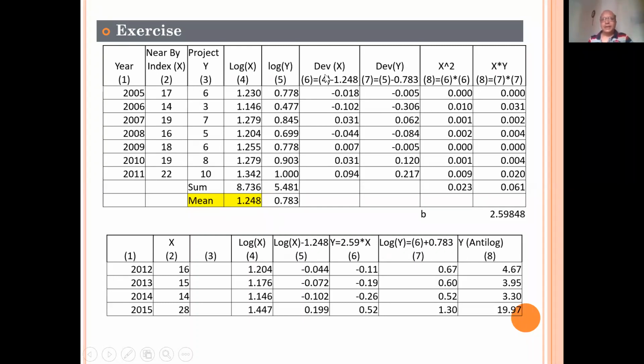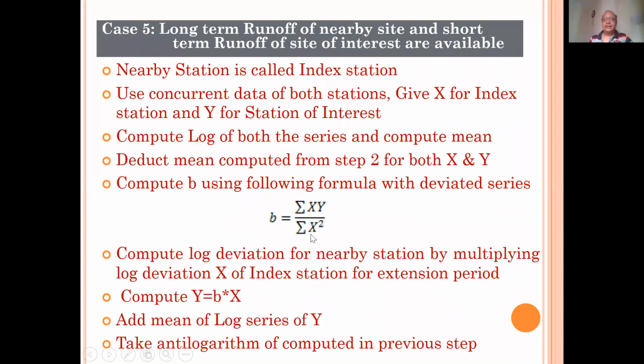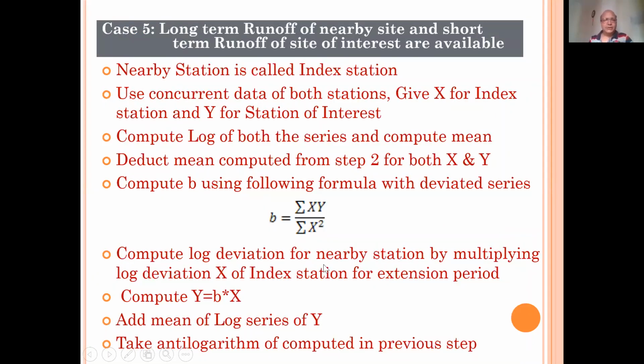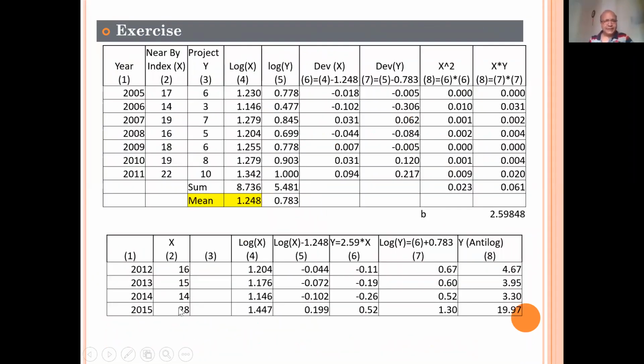So when deviation x, deviation y is determined, we determine x square and xy. And with the help of this equation, sigma xy divided by sigma x square, we can determine this b. And using this b, when we are having x here, x means index station values, but we don't have our project site value. So we determine log x, then log x minus mean, then y is equal to bx.